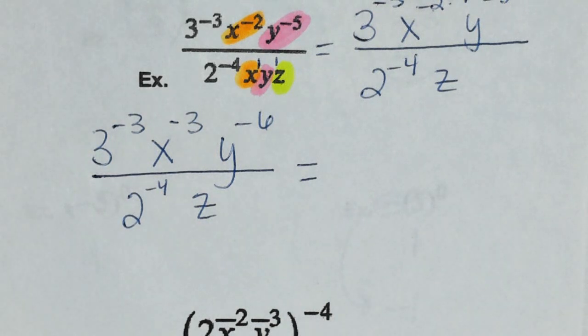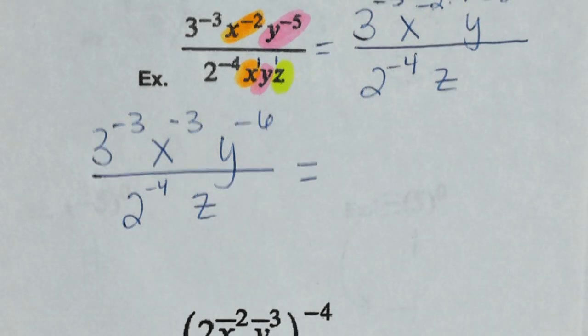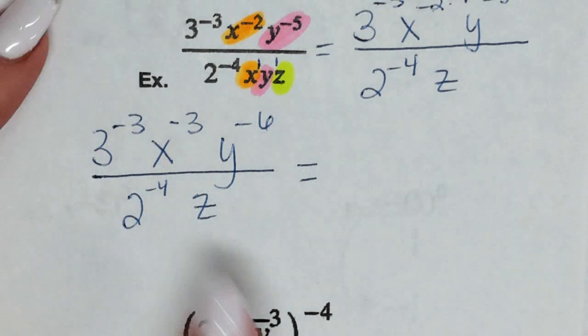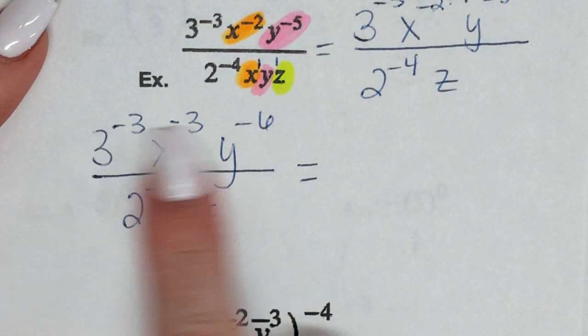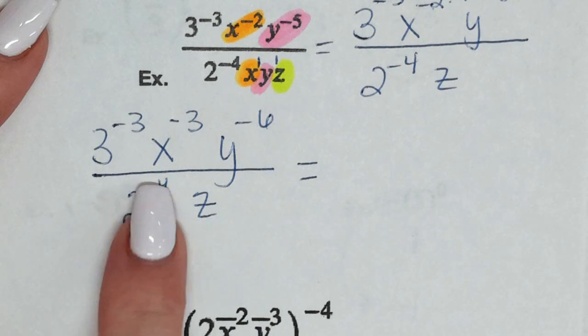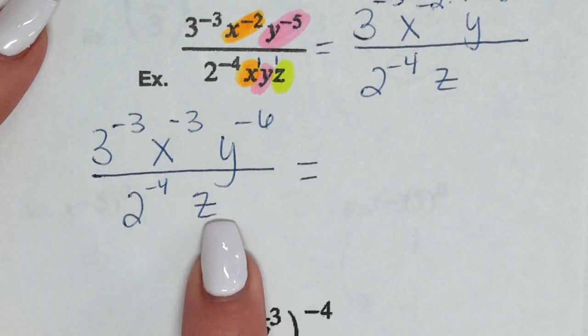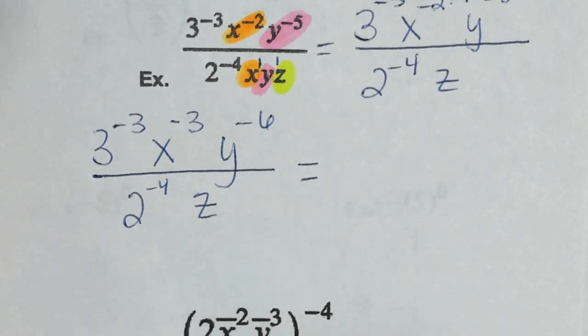It's pretty much done. Now we just deal with our negative exponents. So all of these are going to go where? And this one's going to stay put because it's a positive exponent. If it's a positive exponent, it stays put. Yes?